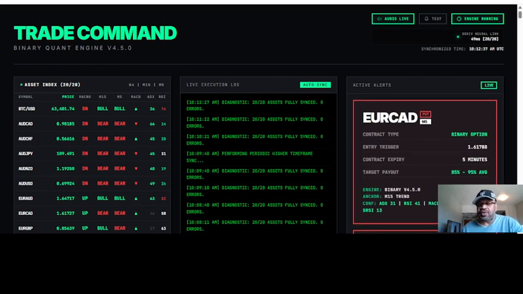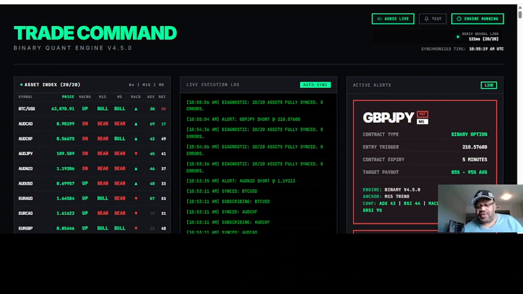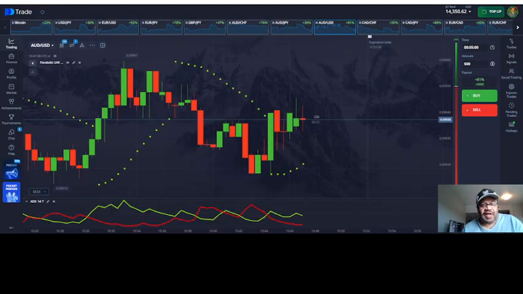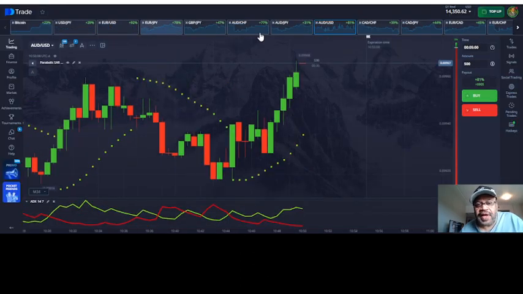Okay, so the Binary Quant Engine just generated a Great British Pound Japanese Yen short, 5 minutes short. So let's go find the Great British Pound Japanese Yen here.